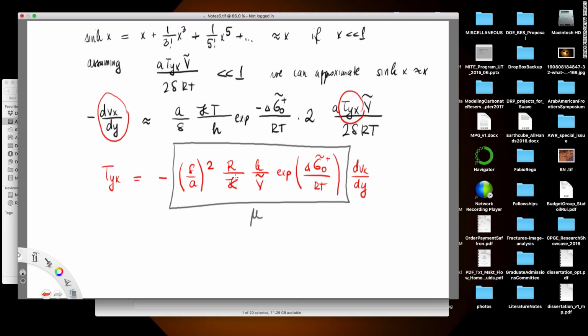This is actually Avogadro's constant here. Now this is simplified in various ways. The problem is how do I actually measure this, okay?